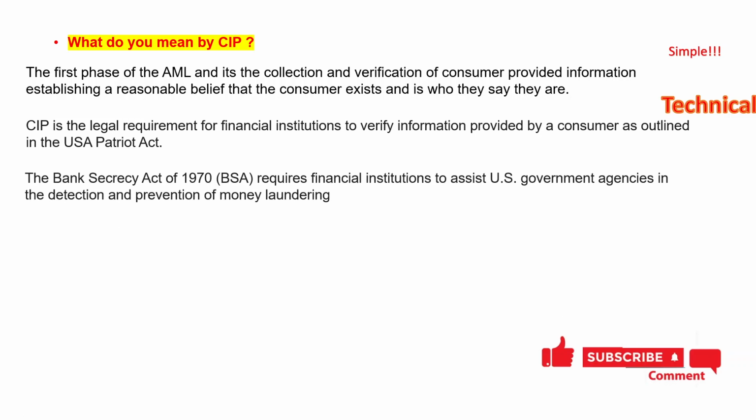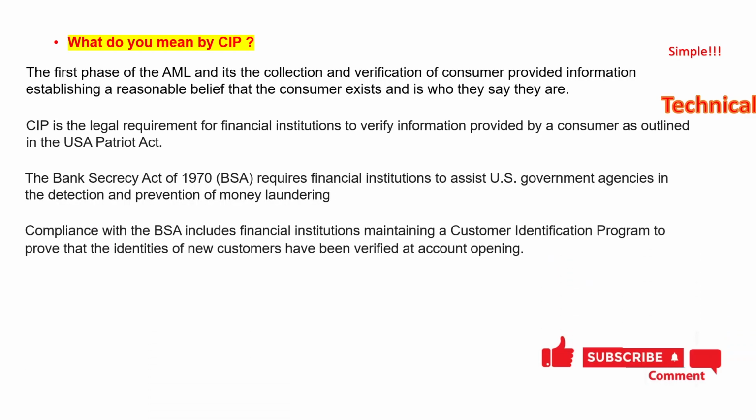The Bank Secrecy Act of 1970 requires financial institutions to assist US government agencies in the detection and prevention of money laundering. So the BSA, which was enacted in 1970, forces the NBFCs and banking organizations to share all the data with US government agencies for detection and prevention of money laundering.